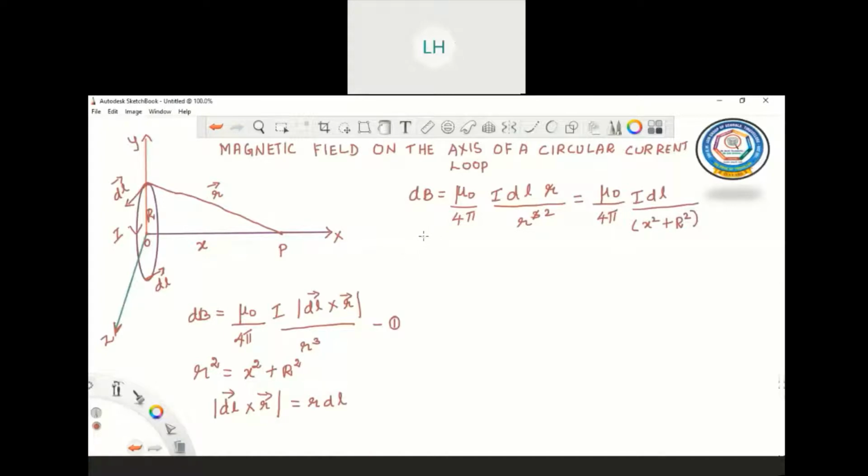Okay, so this is the magnitude of this magnetic field. So dB is equal to mu naught by 4 pi IDL divided by x square plus r square. Okay, so take this as your equation number 2, children.